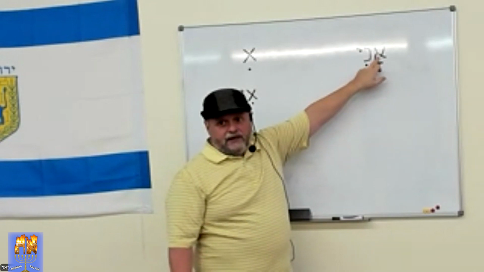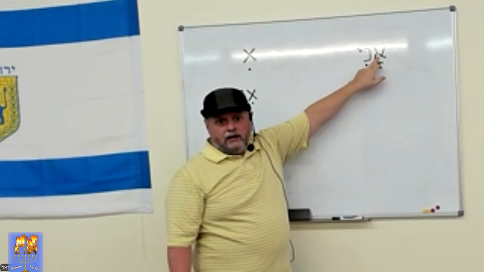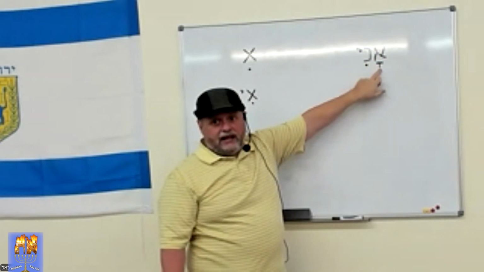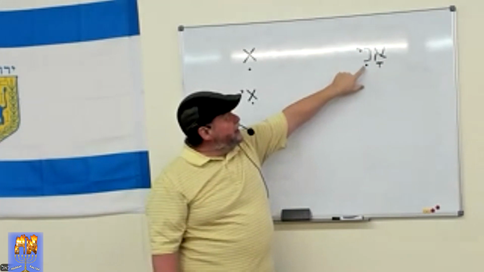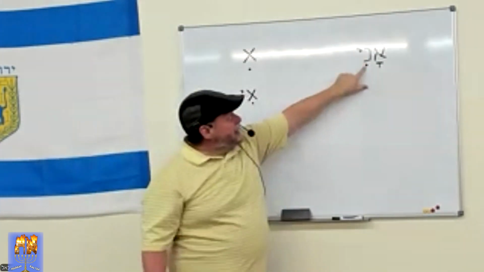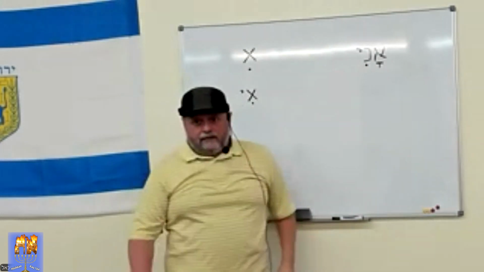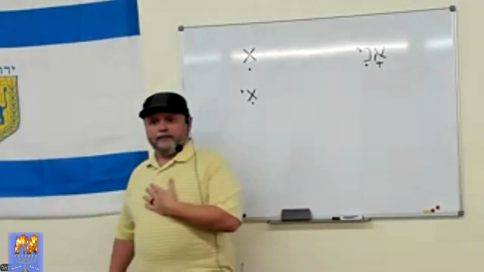So we have aleph, silent letter. So how is it going to sound? Just like the vowel point. Ah. Then we have a nun, pointed kirik yod, ni, ani. Me, ani, me.